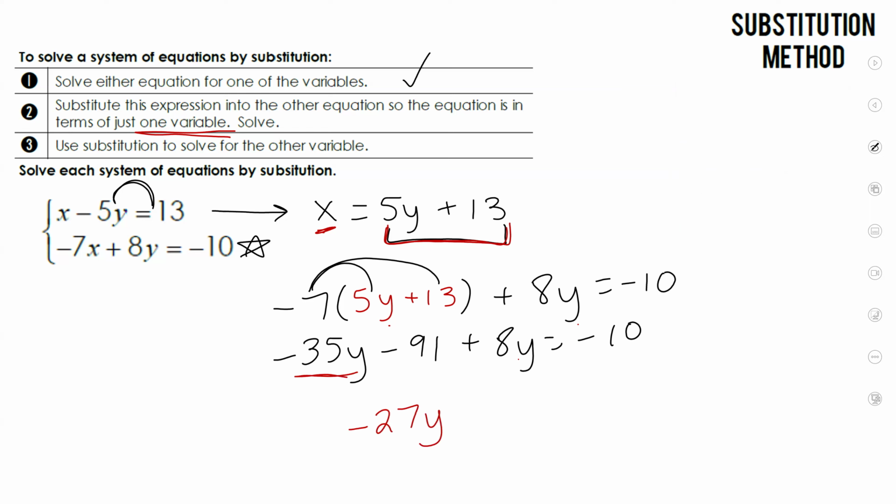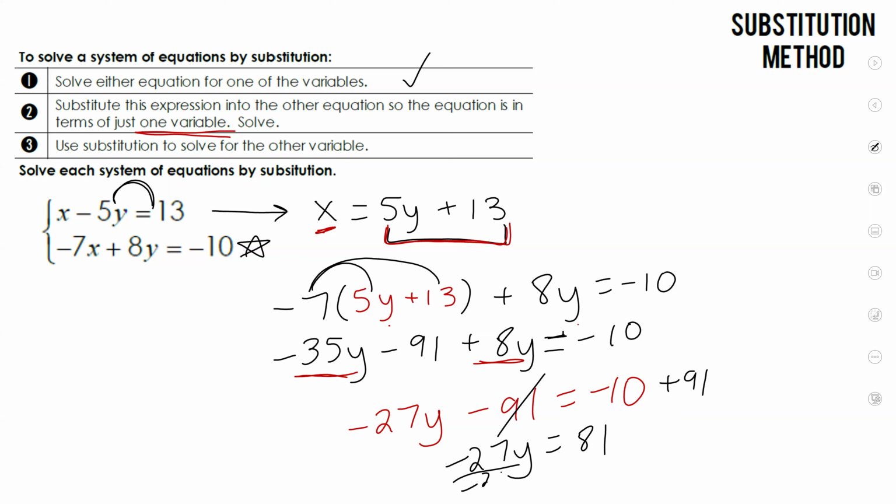I combine these two. And now I'm going to add 91 to both sides. So I get negative 27y is equal to negative 10 plus 91 is 81. Now you divide both sides by a negative 27. So I get y is equal to negative 3.